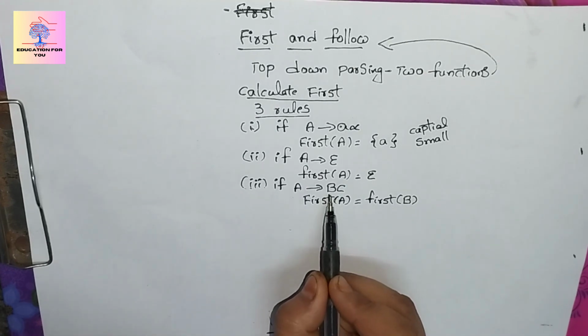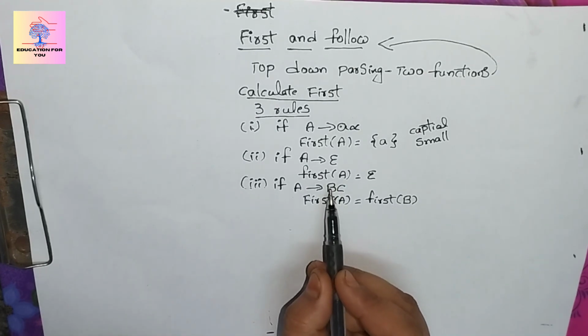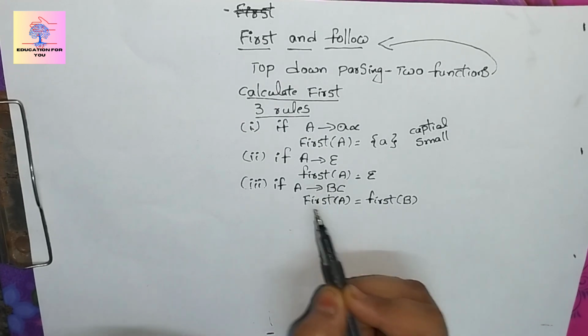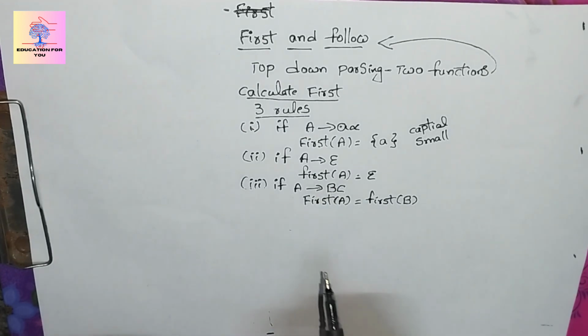If the non-terminal is on the right hand side first place, then you have to again calculate that non-terminal's first.